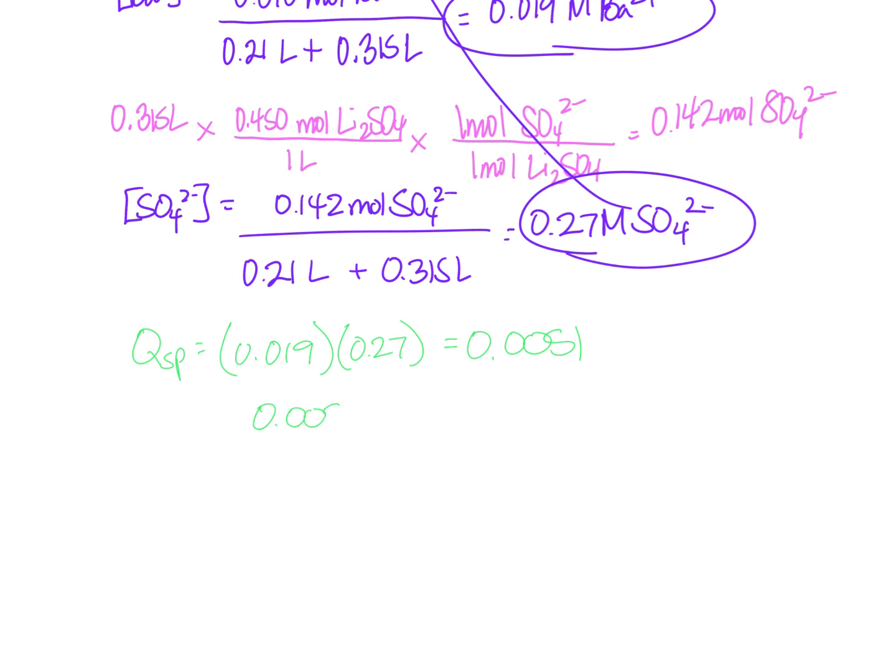So 0.0051, and then look into the problem. The Ksp is 1.1 times 10 to the minus 10. That's really small. So my Qsp is greater than my Ksp. And you don't have to write this out again if you don't want to. It just helps me to remember. Think about the flashcards that I might have, that if Qsp is greater than Ksp, that means a precipitate will form. We will get a solid here.